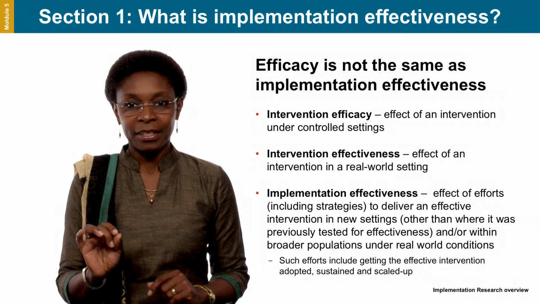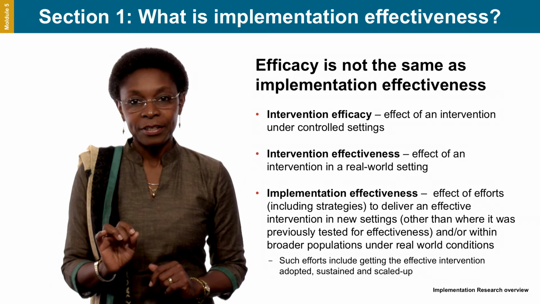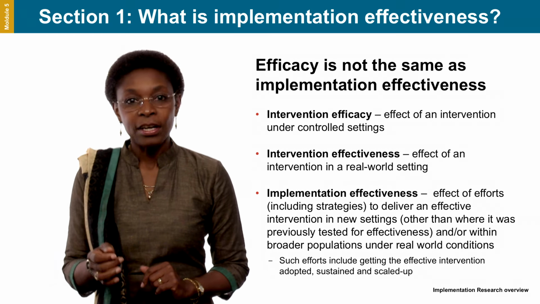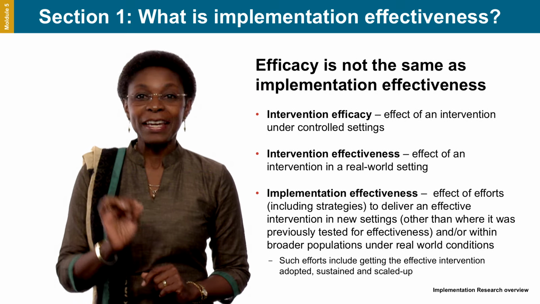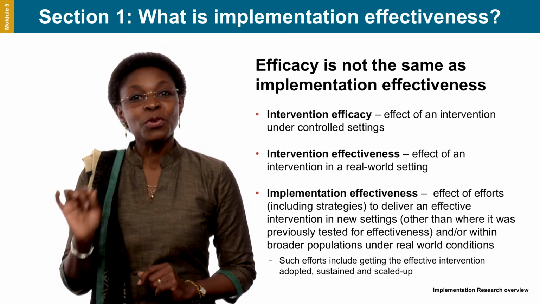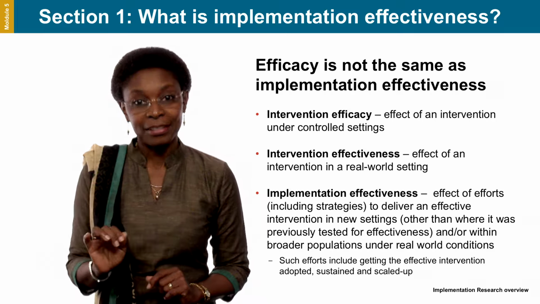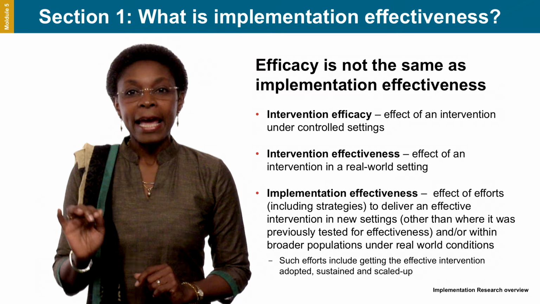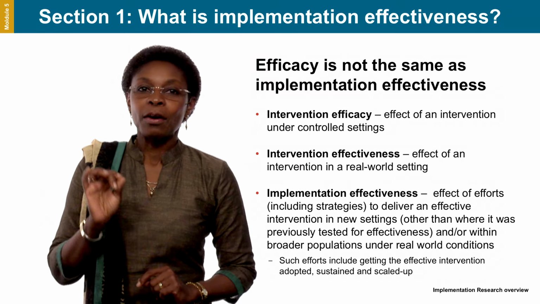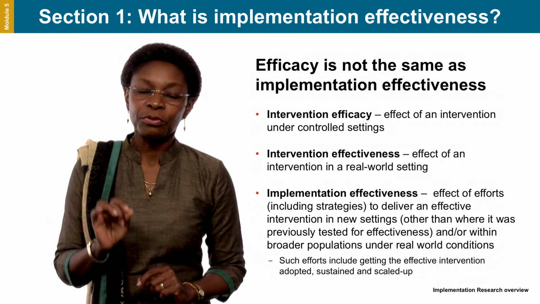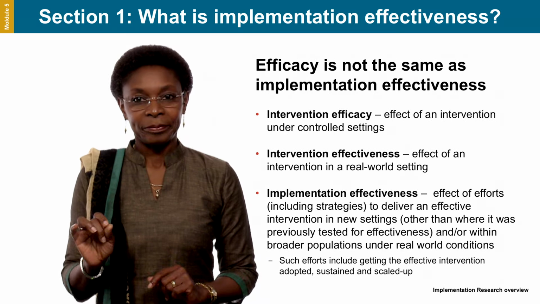Implementation effectiveness is the effect of efforts, including strategies, to deliver an effective intervention in new settings other than where it was previously tested for effectiveness and/or within broader populations under real-world conditions.